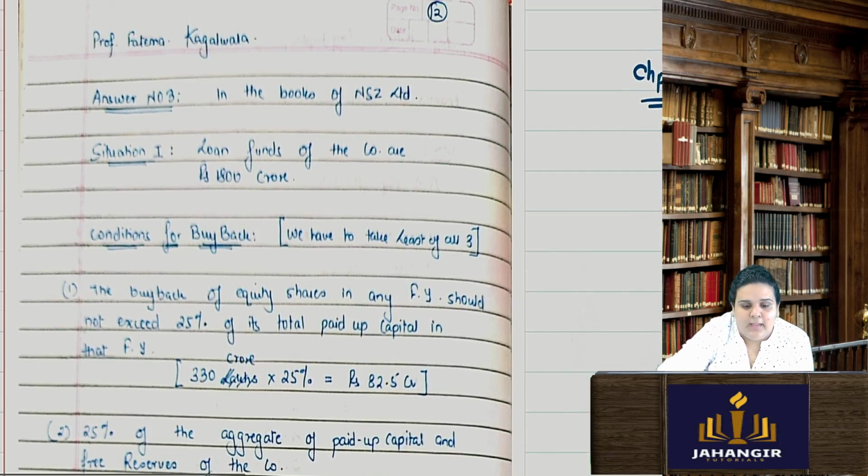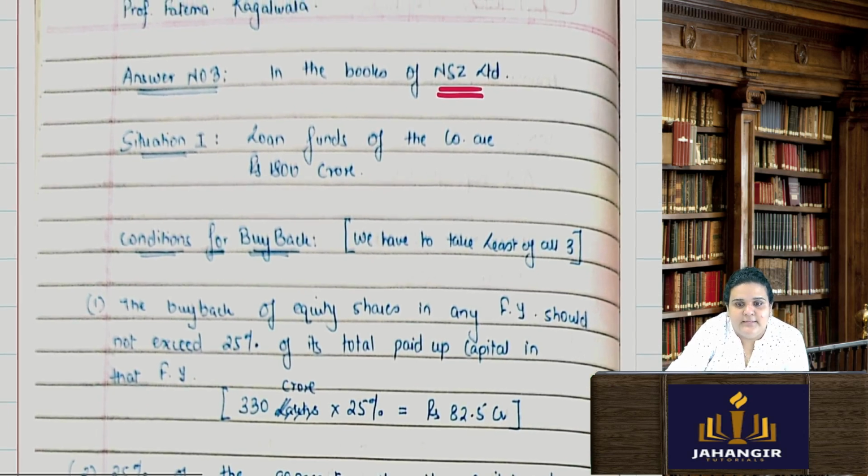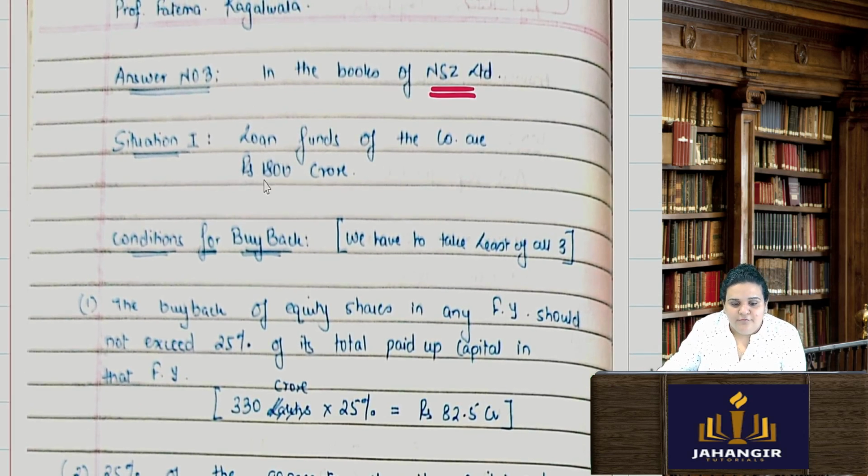Answer number 3, I have solved this for you in the books of NSZ Limited. In this situation the loan funds are 1800 crores. Now there are 3 conditions for the buyback. The least of the 3 conditions will be the amount which is eligible for buyback, that much is permissible.